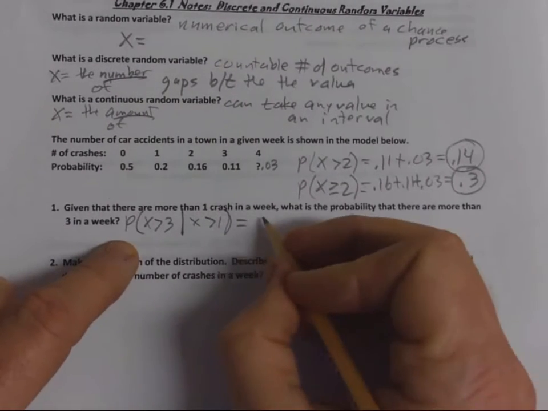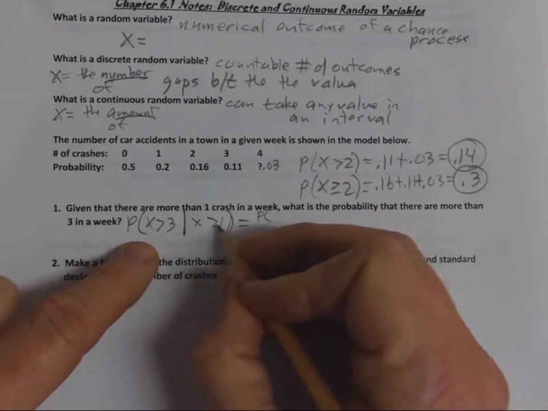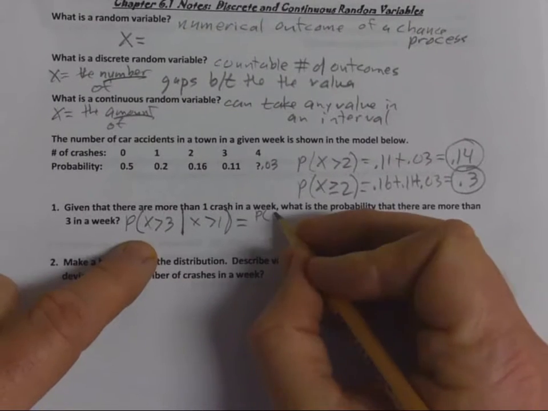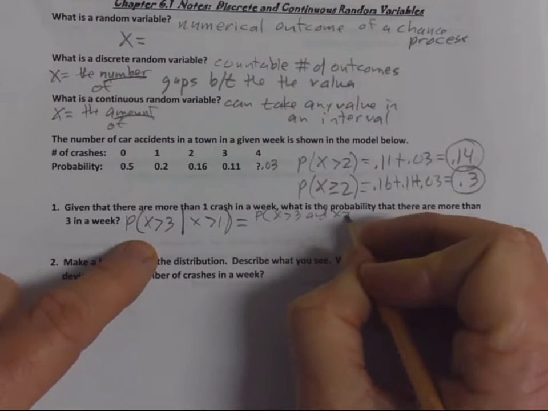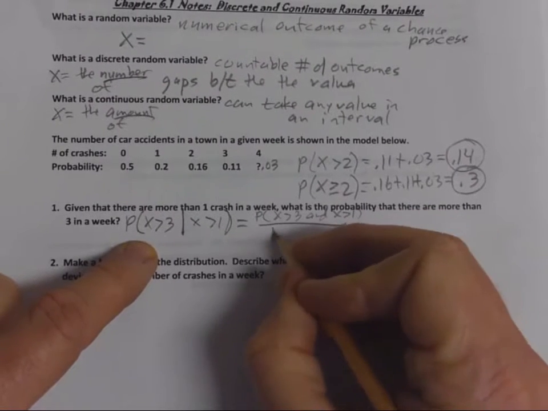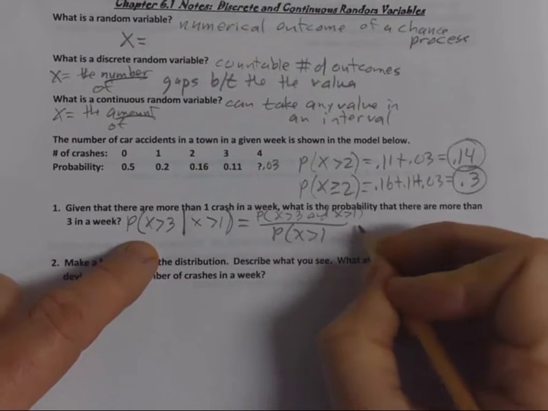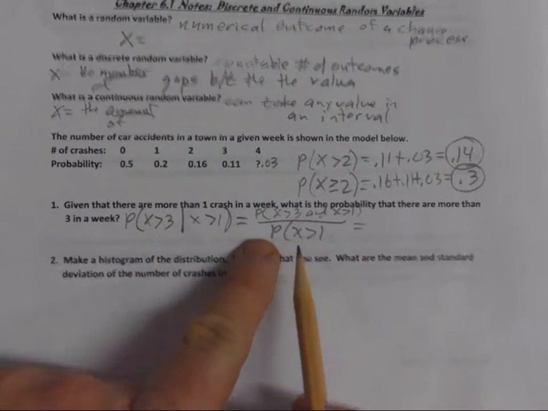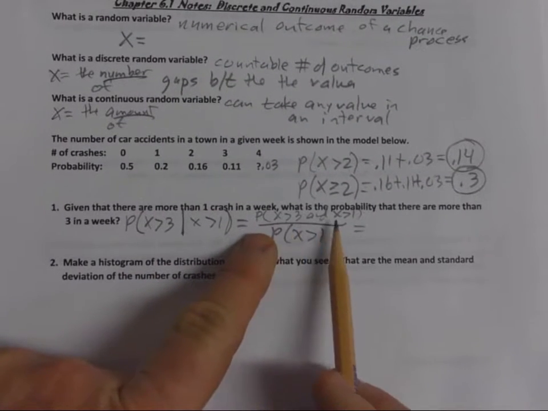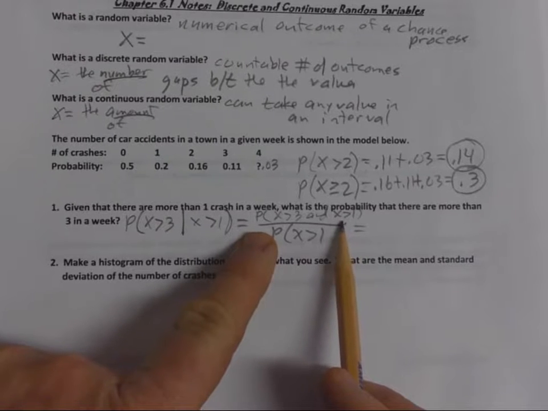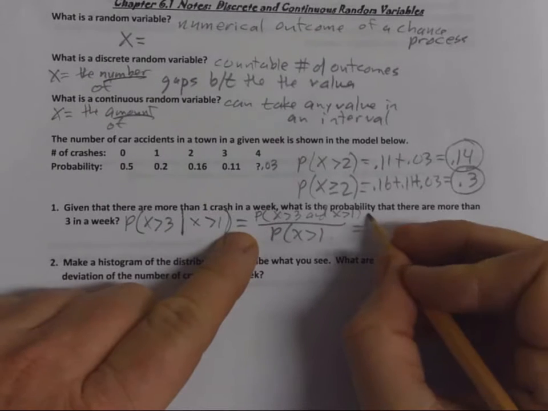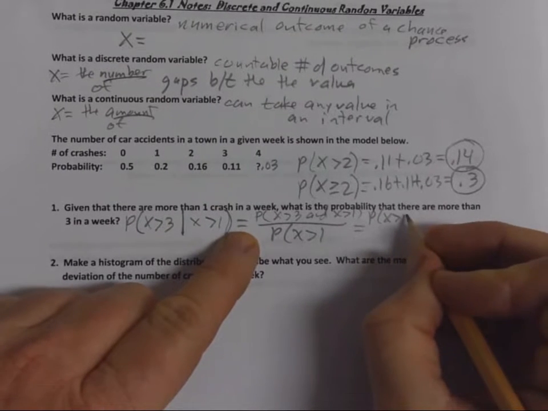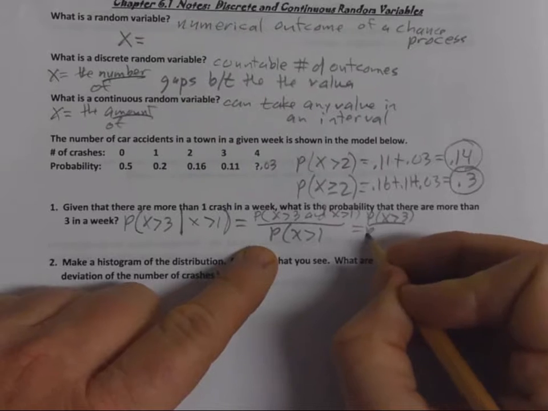It's the probability of both of those things, x greater than 3 and x greater than 1, over the probability that x is greater than 1. For something to be greater than 3 and greater than 1, it just has to be greater than 3. So that is the probability that x is greater than 3 over the probability that x is greater than 1.